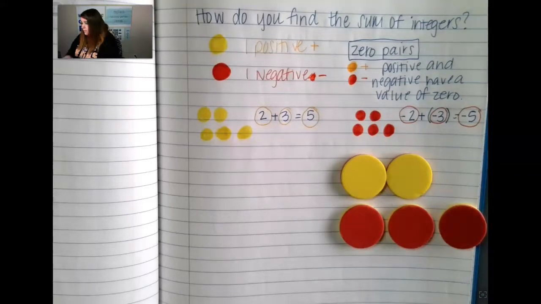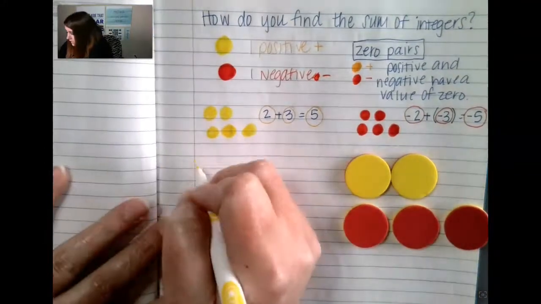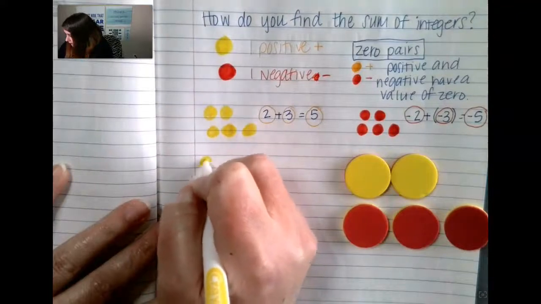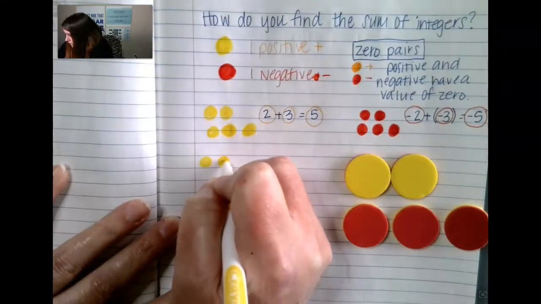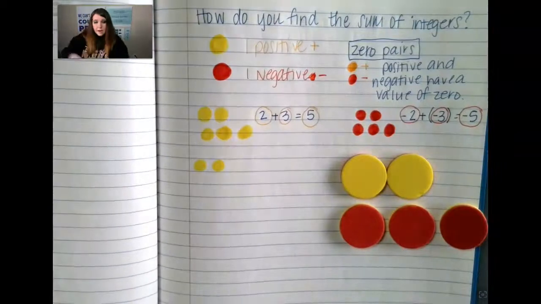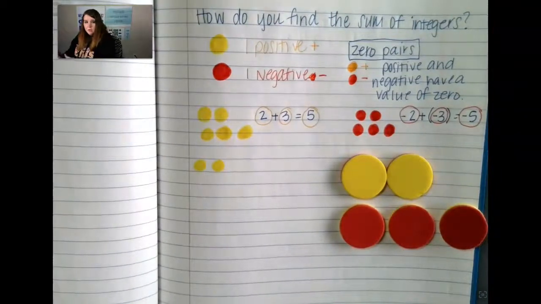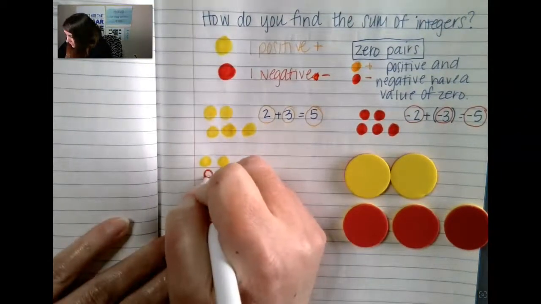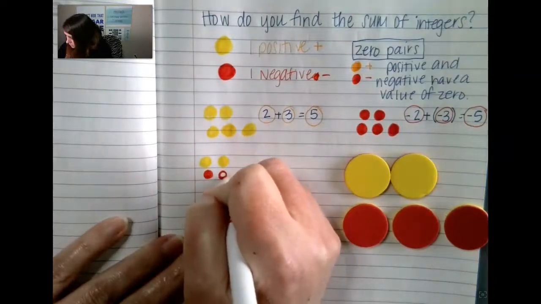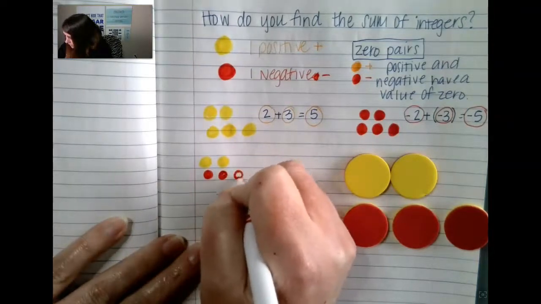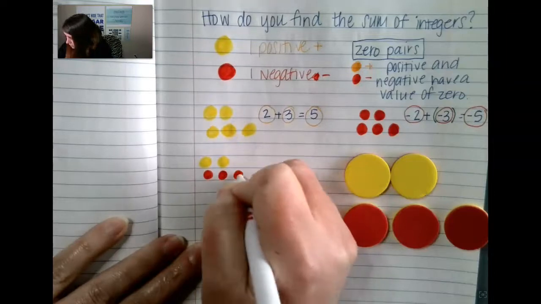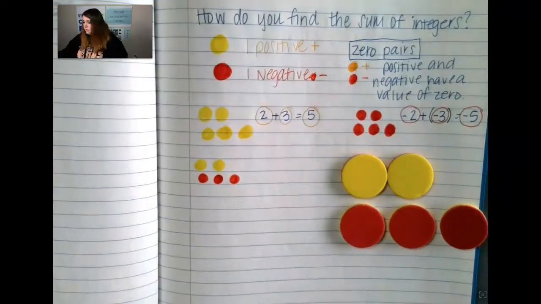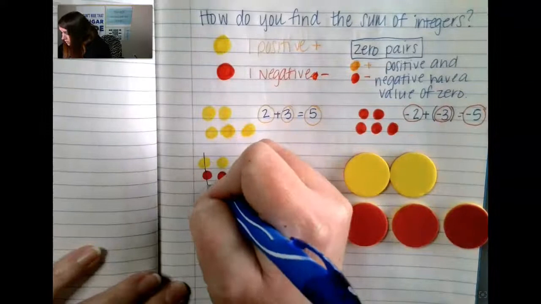So when I have this model right here, I have 1, 2 yellows, and I add on 3 negatives. So I added 3 more negatives onto there. I have a 0 pair, that goes away.